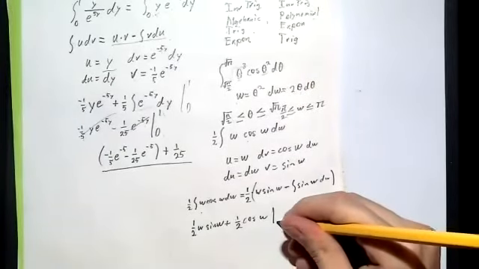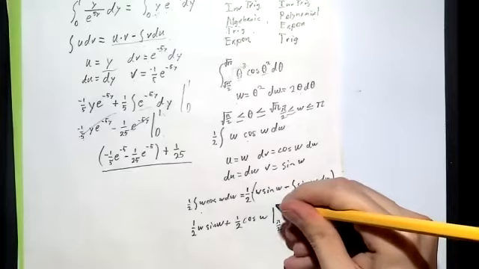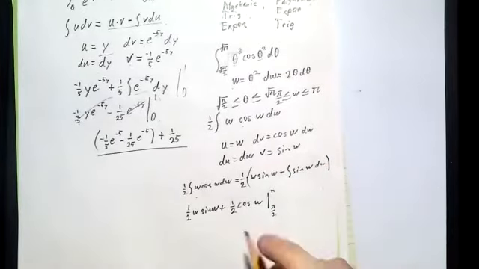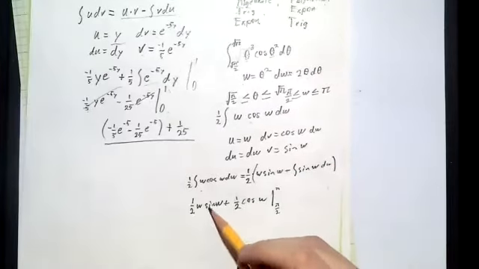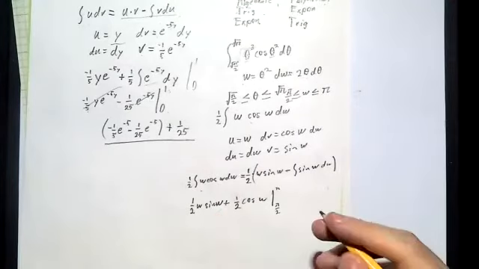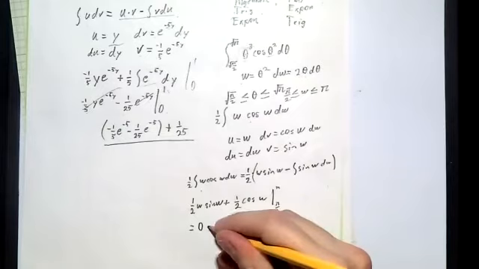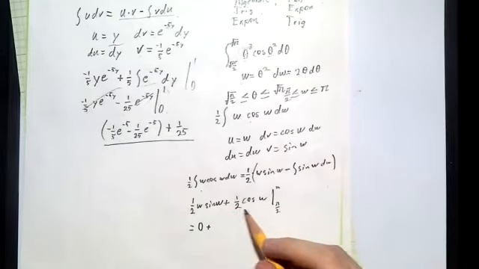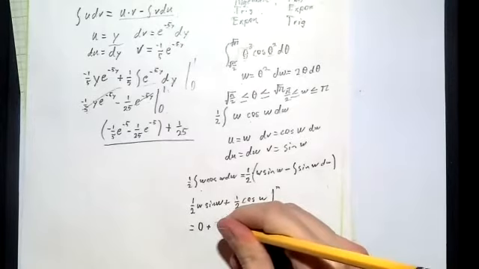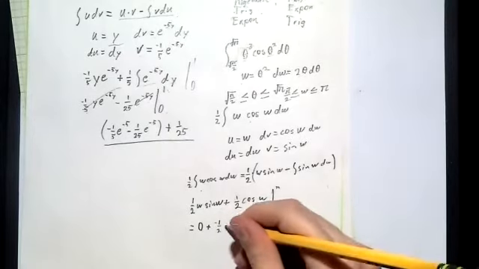So we have pi over 2 on the bottom, pi on top. When we plug in pi, sine of pi is going to be 0. So we get 0 plus, and then cosine of pi is -1, so we get plus -1/2.